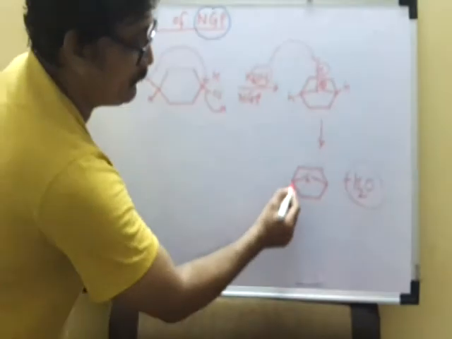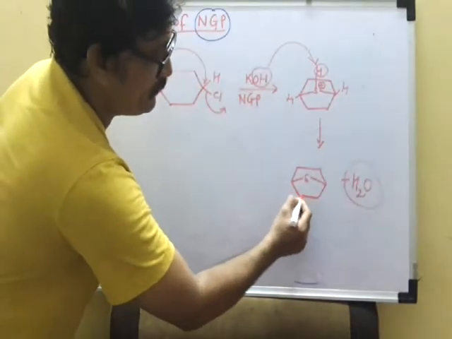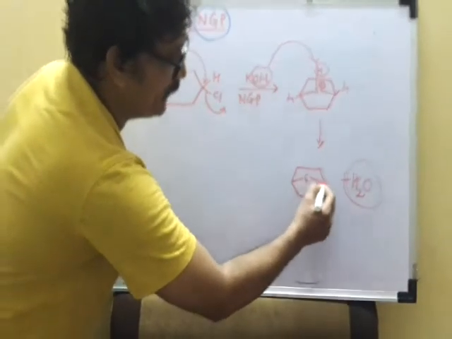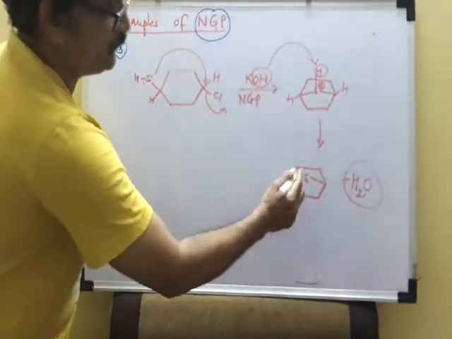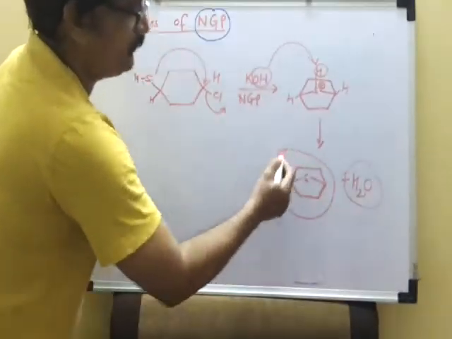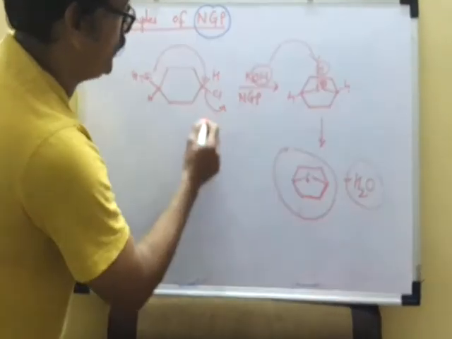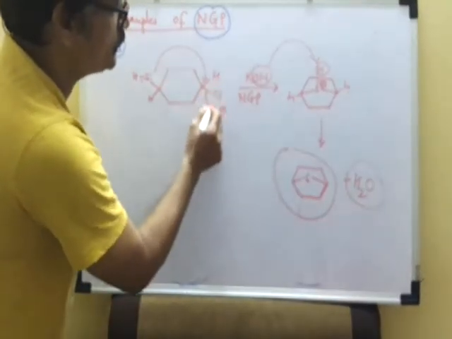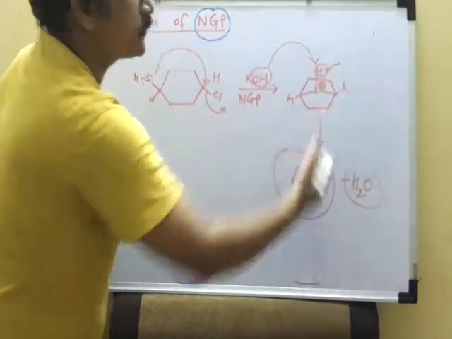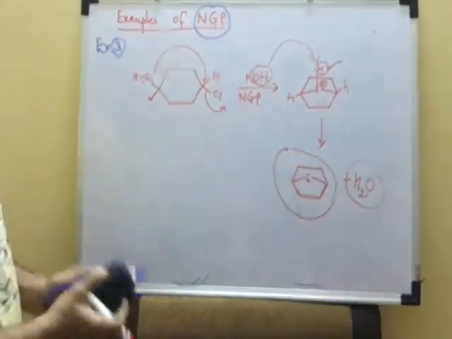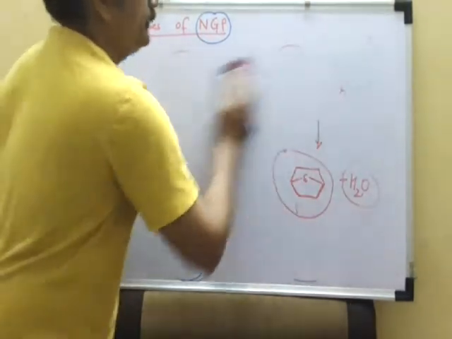And once it is formed, this is a 5-membered ring, which is quite stable as compared to 3-membered ring. There is less strain, so it will prefer to remain there, and our final product is this one, and not Cl replaced with OH. Listen carefully, this is because of H. So this is typical example.